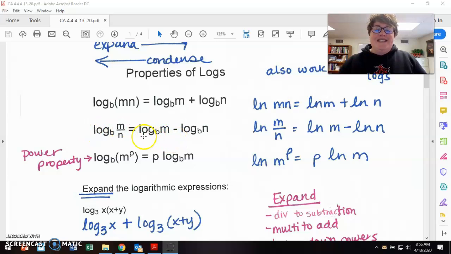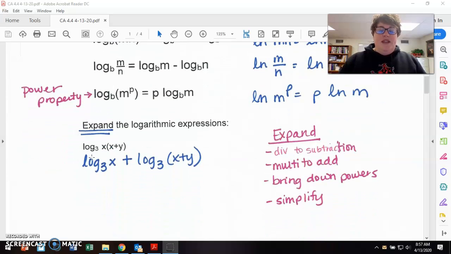Subtraction condenses with division. And then between those, we have our power property. What the power property says is that if you have a log with a base raised to a power, so m to the p power, then you can bring that power down in front of your log. And we will use that quite a bit throughout the rest of the week when we get into section 5.